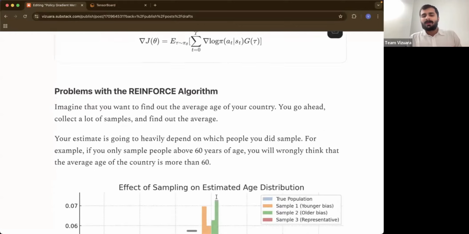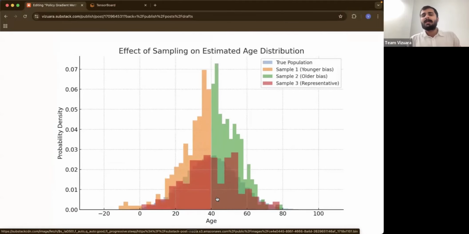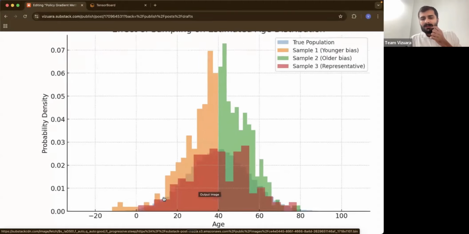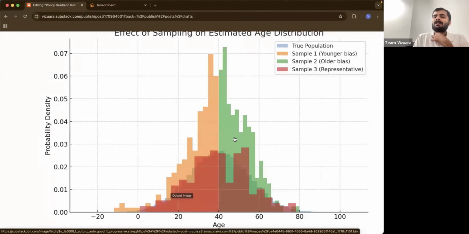So in this figure, I have shown different sampling strategies which can induce a lot of differences in our predictions. For example, the true population is shown somewhere at the back. You can see these small blue bars. That is the true population. But all of my samples are predicting something else, because these are finally samples.